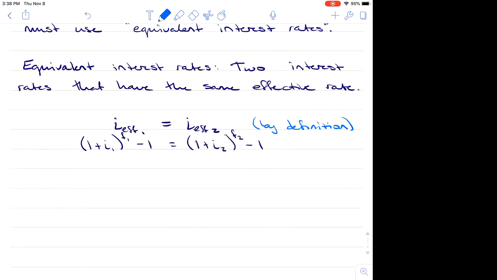Just to match the formula sheet, we can solve for either i1 or i2, because we want to move from this frequency to this frequency. So what we really want to know is i2. We're going to solve this formula for i2.